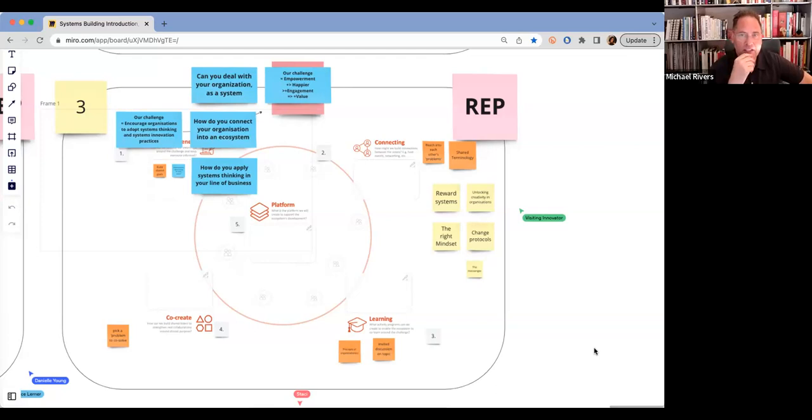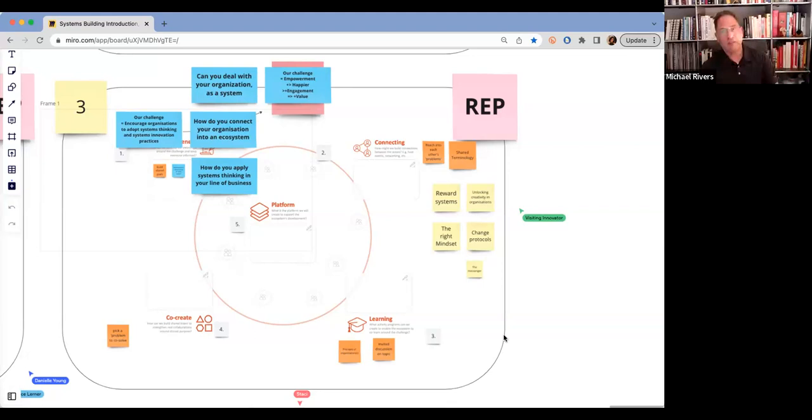Danielle brought this up and helped us to understand really what we are trying to do is to encourage organizations to see the benefit of systems thinking and systems innovation practices, to think about, first of all, your organization as a system, and what does that mean in terms of how that system operates, and how do people operate differently in that system.